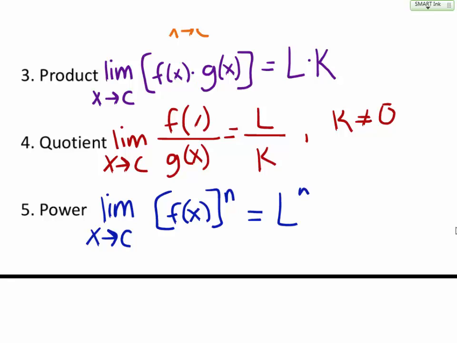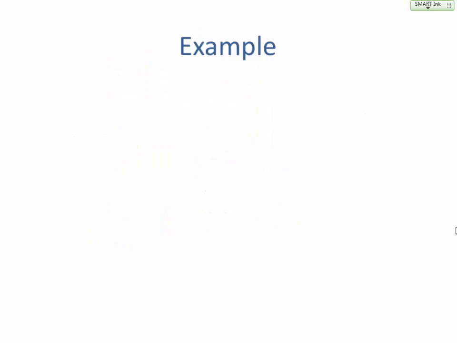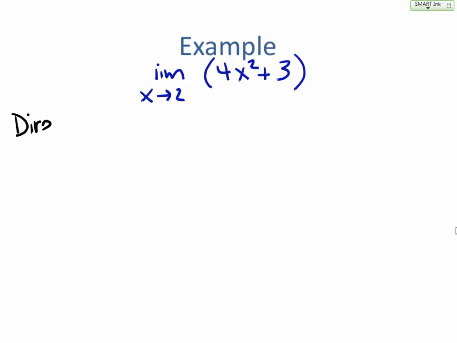Let's just do a quick example. Let's say I want to evaluate the limit as x approaches 2 for the function 4x squared plus 3. I'm going to look at this using direct substitution because I know it is a continuous function.